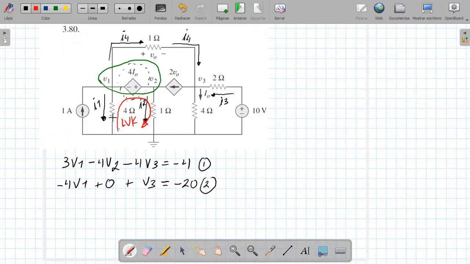If I replace this resistance with its terms in voltage, we know that V1 is the voltage between this point and ground. It means that in this resistance there is a voltage of V1, equal to that in this current source, that is, the voltage here is the same voltage here, which is V1.